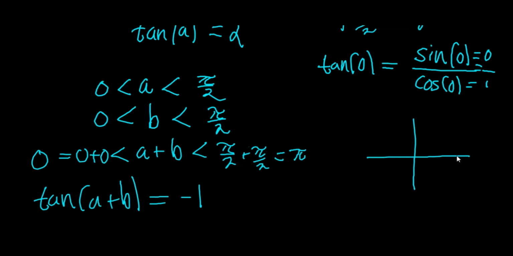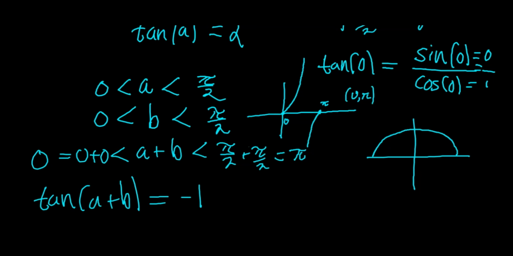So this angle lies in the upper half of the unit circle, and when I take the tangent of that angle, I'm going to get negative 1. And we know that there has to be a unique such angle, because if you were to go to a graphing calculator or Desmos and restrict the tangent function to the interval 0 to pi, then this function is injective.